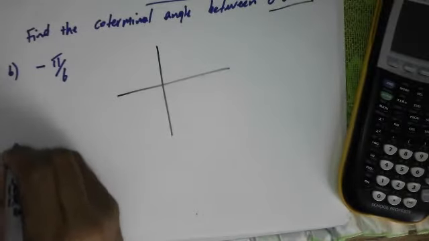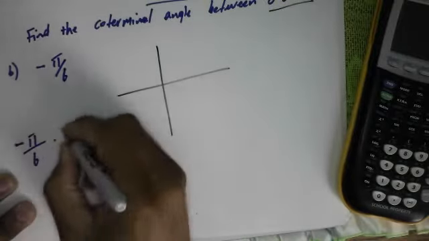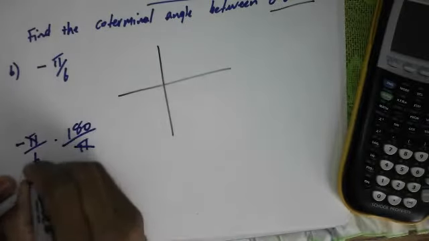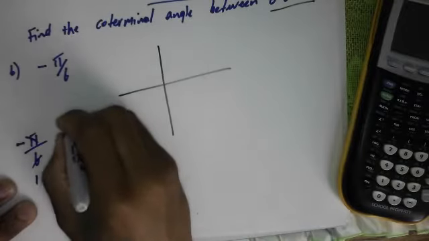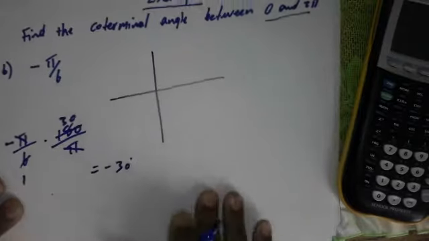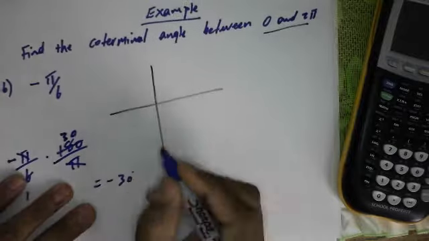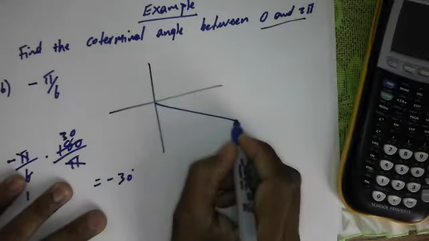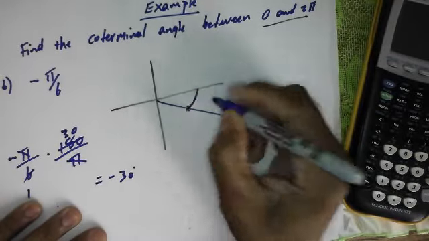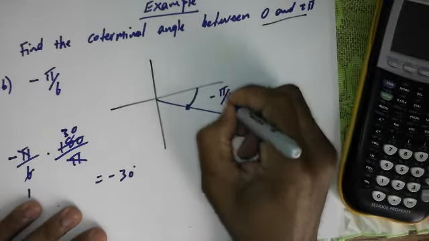So it would be negative pi by 6 times 180 over pi, and this pi would take out that pi. 6 into itself goes 1, 6 into 18 goes 3, so that is 30. So this would give us negative 30 degrees, okay? Now, because it is negative, we know we're going in the clockwise direction, okay? So we're going to estimate that 30 degrees is about here, all right? This would be your negative pi by 6, okay?